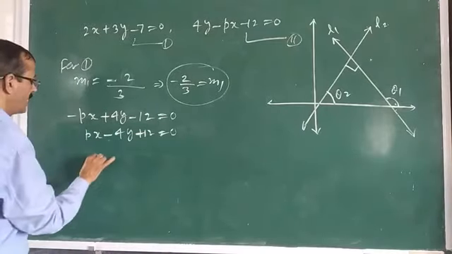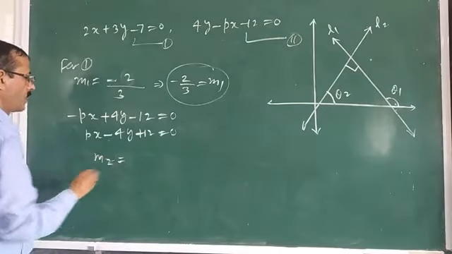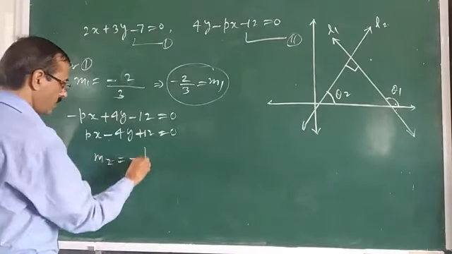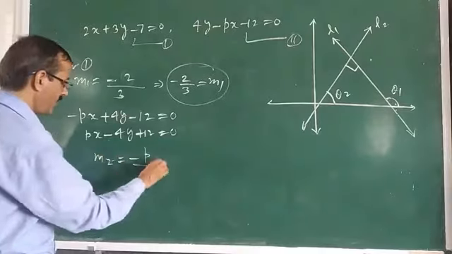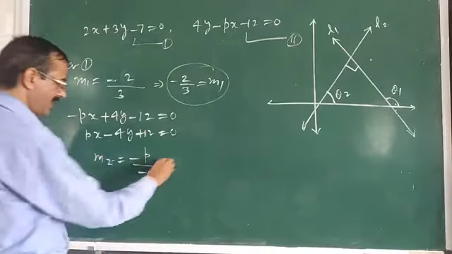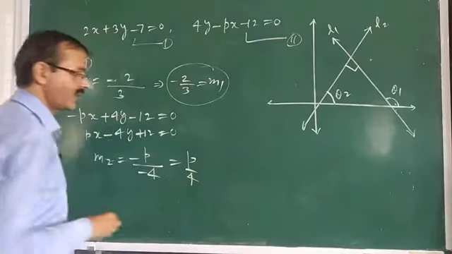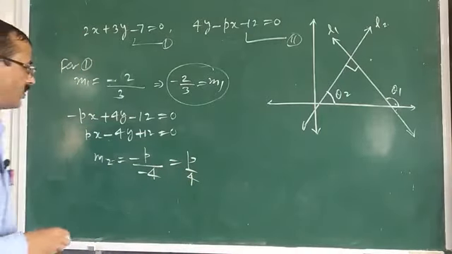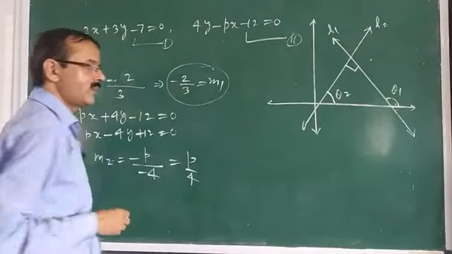m2 you have to find. m2 is minus coefficient of x upon coefficient of y, with the minus cancelled, p upon 4. So m2 came p upon 4, m1 came minus 2 upon 3.